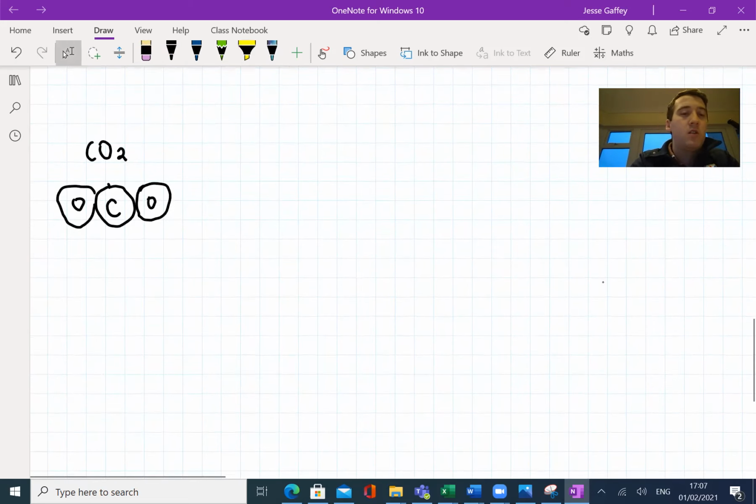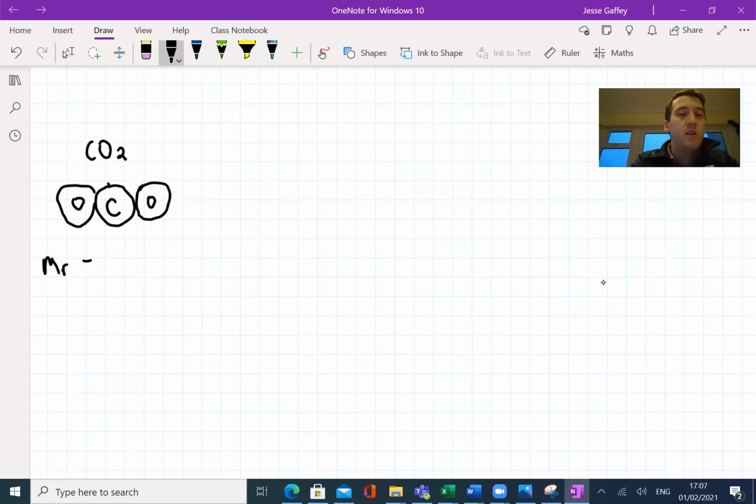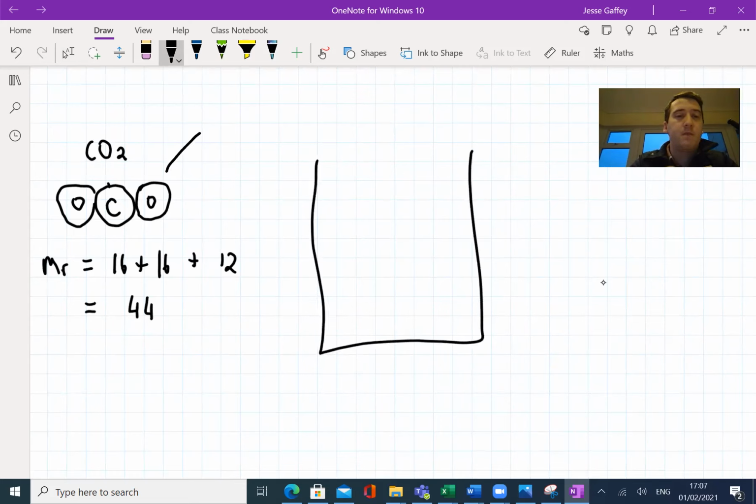So its MR is going to be 16 plus 16, that's the mass of the 2 oxygens, plus 12 for the carbon. My MR is going to be 44. Now I take some carbon dioxide and I put it in a beaker. The amount that I put in is 4.83 moles.